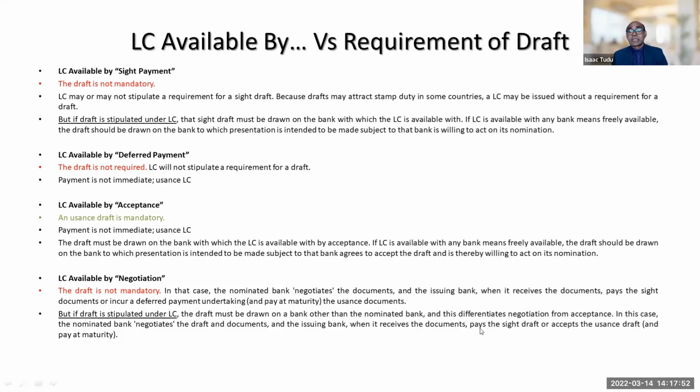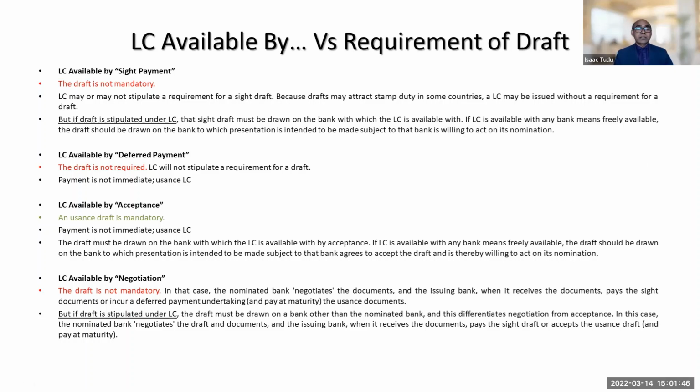This differentiates negotiation from acceptance, because in case of LC available by acceptance, the draft is to be drawn on the nominated bank if the LC is available with the nominated bank. But in case of LC available by negotiation, the draft is to be drawn on a bank other than the nominated bank. In this case, the nominated bank negotiates the drafts and documents, and the issuing bank, when it receives the documents, pays the sight draft or accepts the usance draft and pays at maturity.